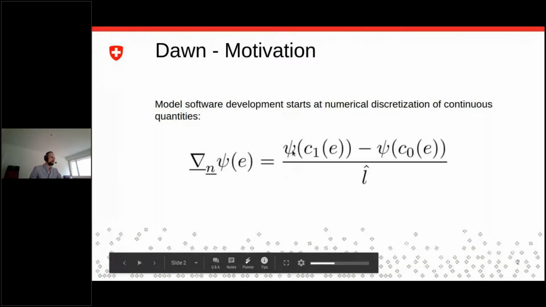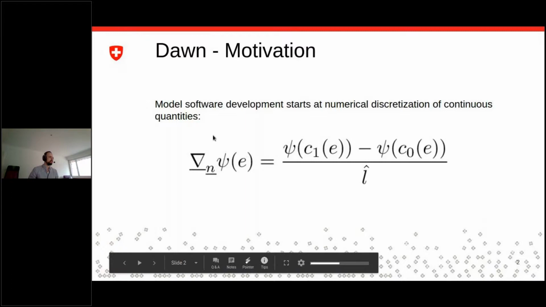We have a psi field, and we take the difference of that psi field at two different locations, and then we divide by this L hat term to get an approximation of the gradient of this psi field. That's where our software starts, because in papers these discretizations and schemes are worked out by very, very smart people. And that's what we want to run on the machines.